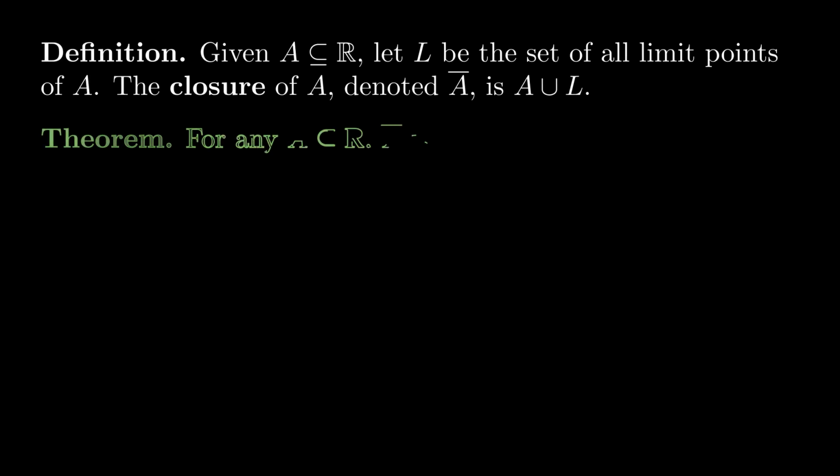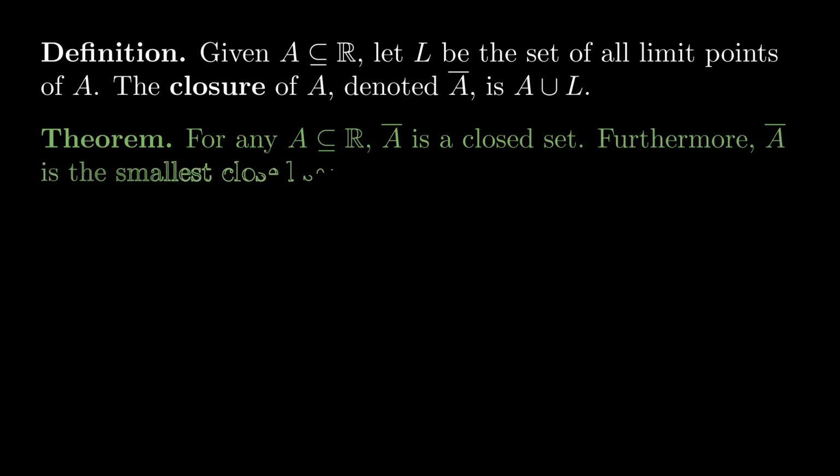For any subset A of the reals, the closure of A is a closed set, and furthermore, is the smallest closed set containing A. By definition, we're guaranteed that the closure of A contains any limit points of A, but maybe we've introduced new limit points of the closure of A. We need to show that this is not the case.